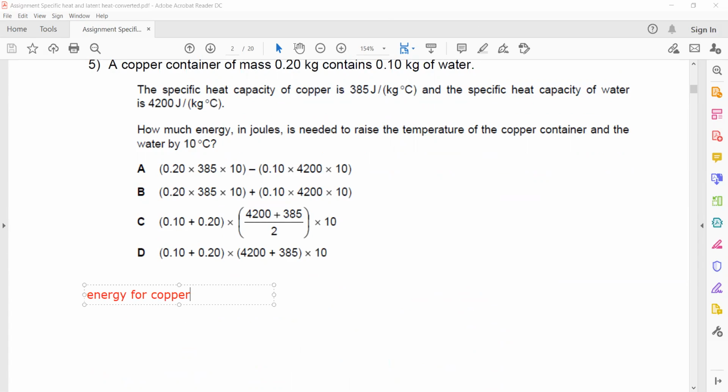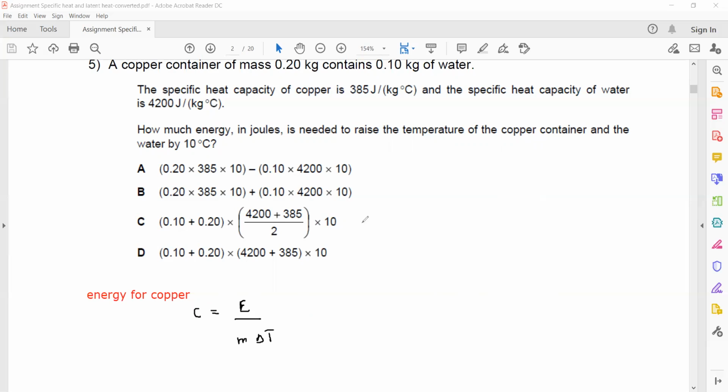The formula for specific heat capacity is equal to energy divided by mass into change in temperature.